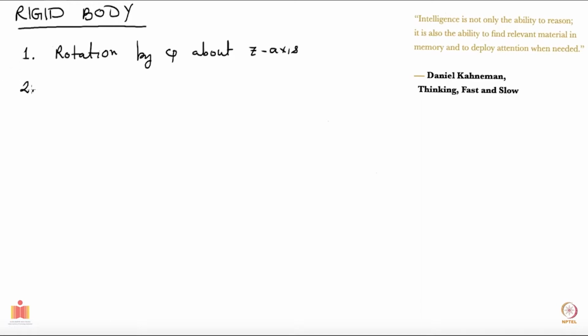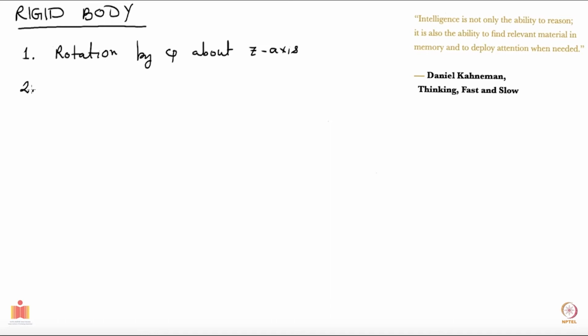Okay, and then what we did, and just to remind you, this phi rotation takes your x-axis to the line of node. Okay, that is the phi. Okay, that is what characterizes phi. How do you choose phi? You choose phi that much, which will take you to the line of node.